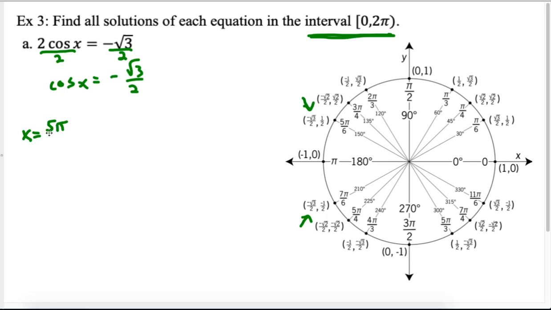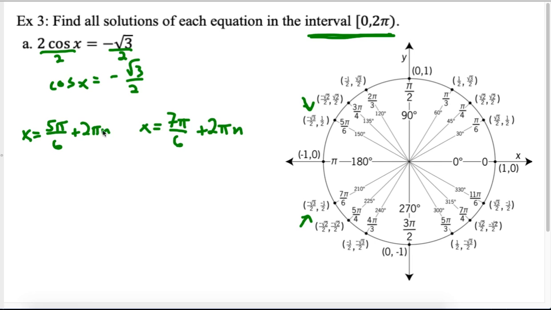So 5 pi over 6, and then make sure we tack on our plus 2 pi n, and x equals 7 pi over 6 plus 2 pi n. Okay, so now we're only concerned with the values on the interval 0 to 2 pi. So what we want to think about is plugging in values of n, plugging in integers, and seeing what values we would get that are in between 0 and 2 pi.